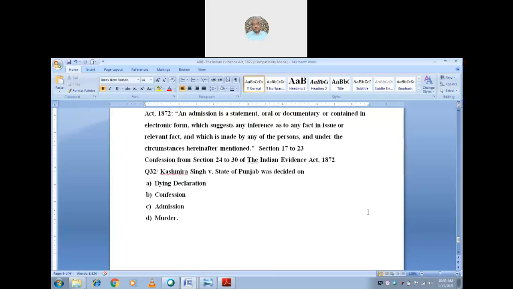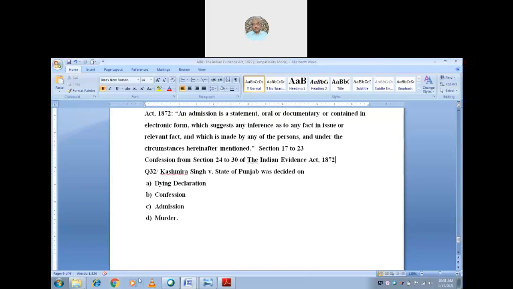Now, a very famous case law, it is not on the screen, please. It is a subsidiary question. The subsidiary question I am going to ask is: what is the leading famous case law on dying declaration in the law of evidence, the Indian Evidence Act? It is a very famous case law. Anyone?